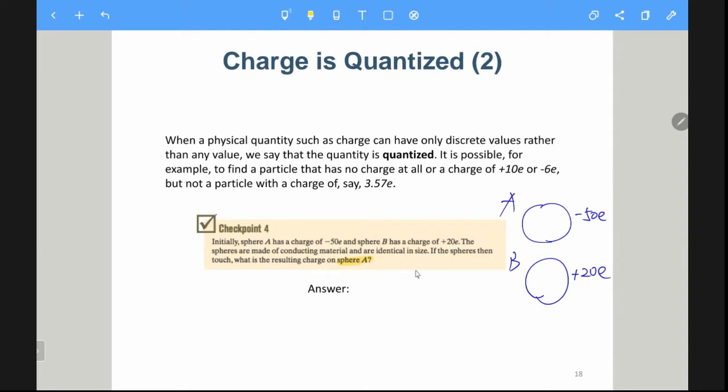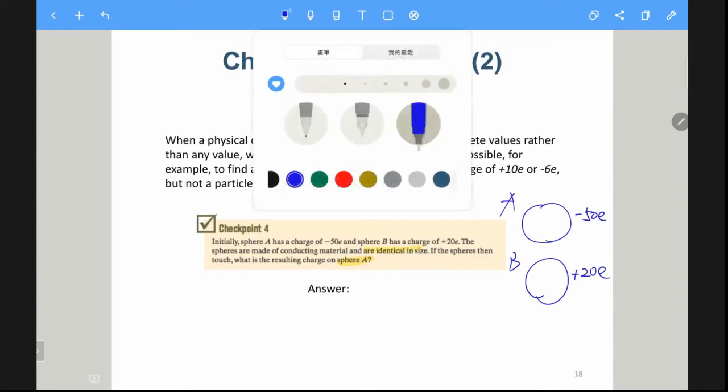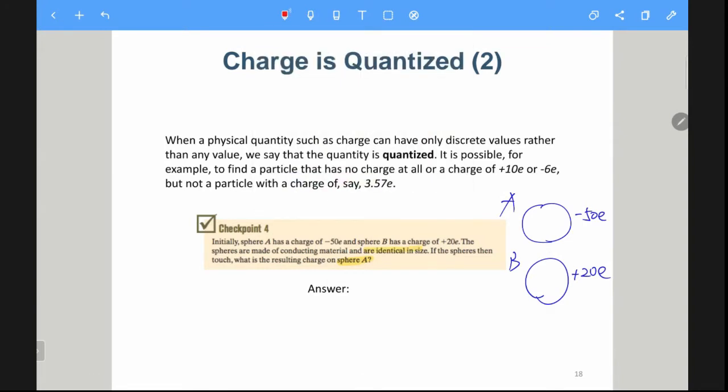After they touch, another important condition is that they are identical in size. As long as they are identical in size, then suppose there is a small wire connecting them, or we just move them to touch and then separate afterwards.